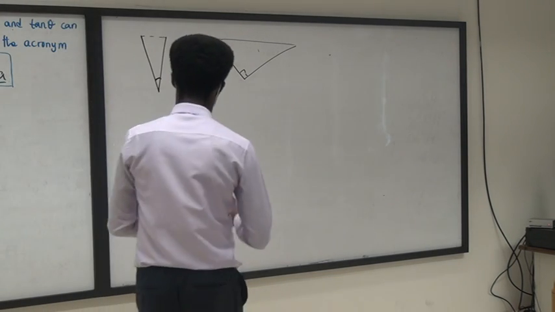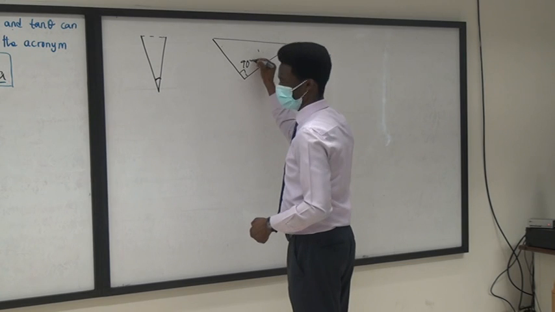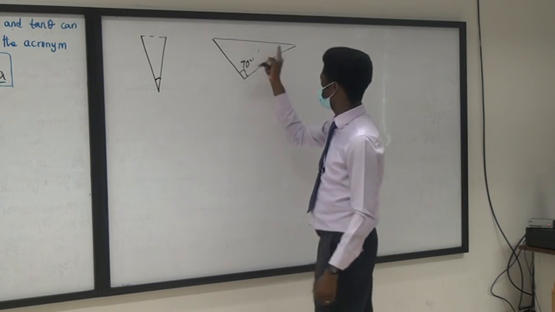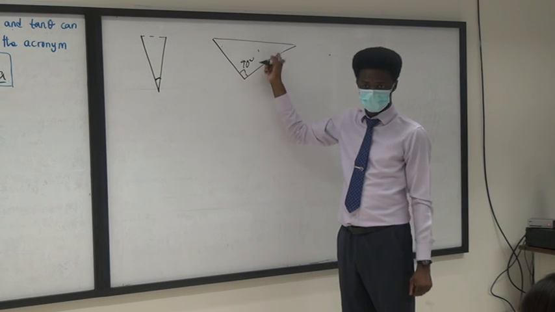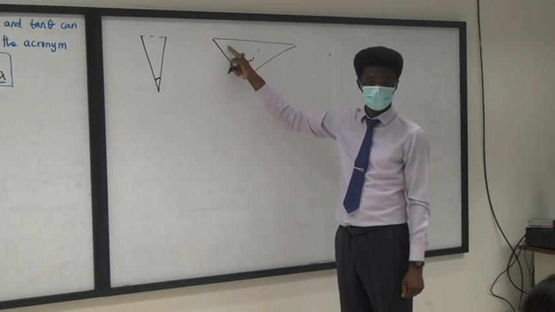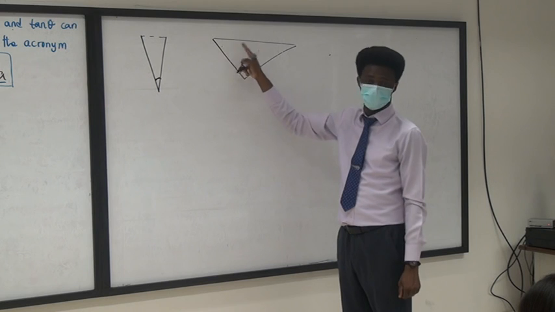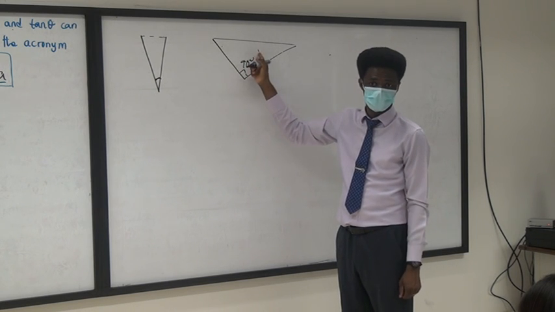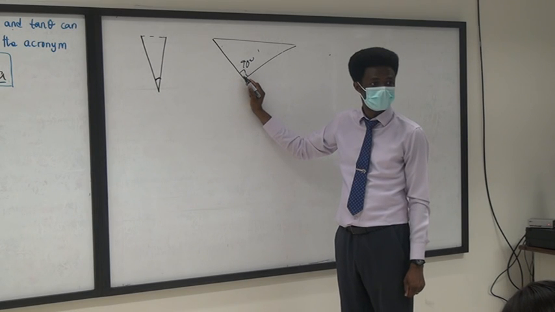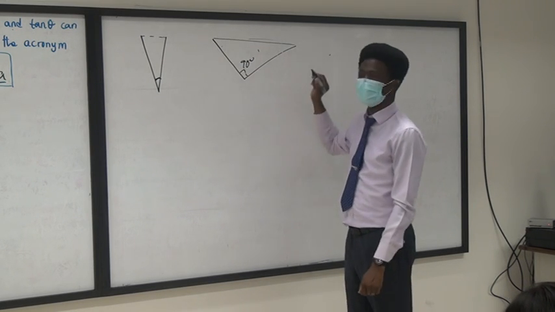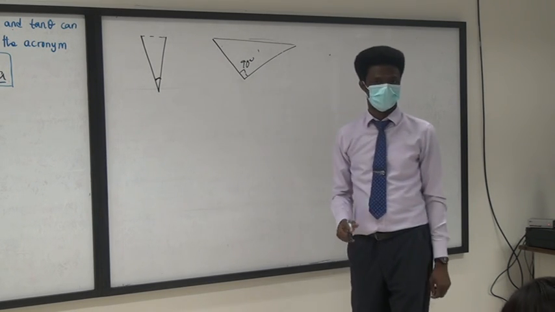So there is no way this will be 90. Definitely the other two, are they less than 90? Can any of them be more than 90? Because the sum of these two must be 90. So both of them must be less than 90. It means this is the biggest of all the angles in the triangle. Then this must be the longest side among all the three sides.